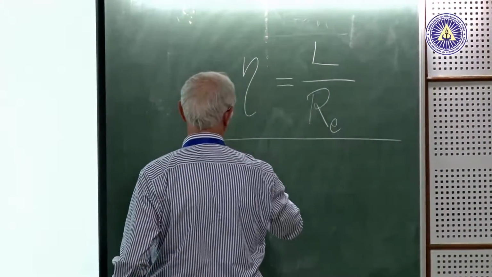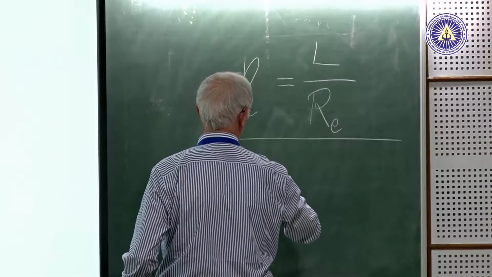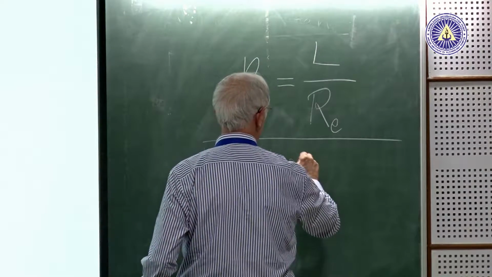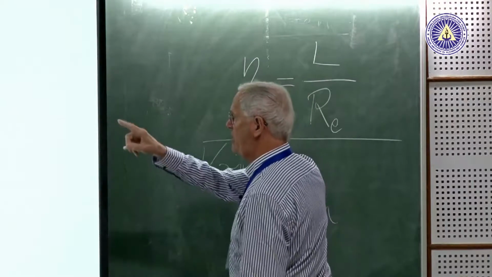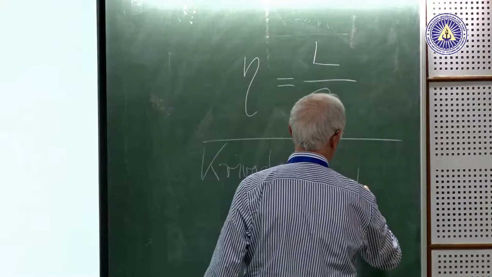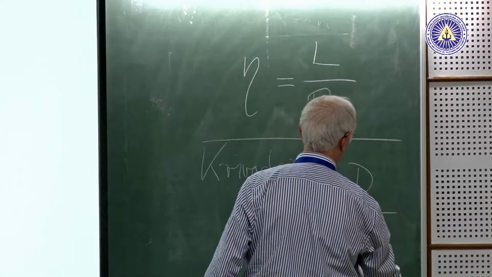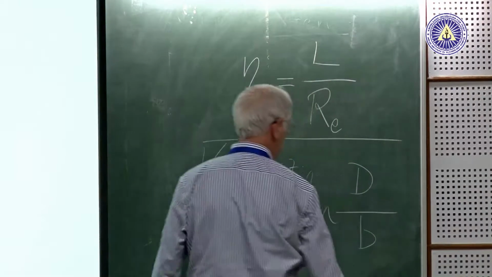So Krivoglass says that instead of this f eta, he says ln d over b.